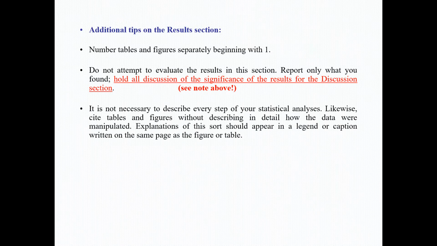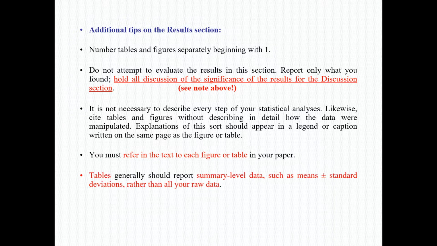It is not necessary to describe every step of your statistical analysis. Likewise, cite tables and figures without describing in detail how the data was manipulated. Explanation of this sort should appear in the legend or caption written on the same page as the figure or table. You must refer in the text to each figure or table in your paper.